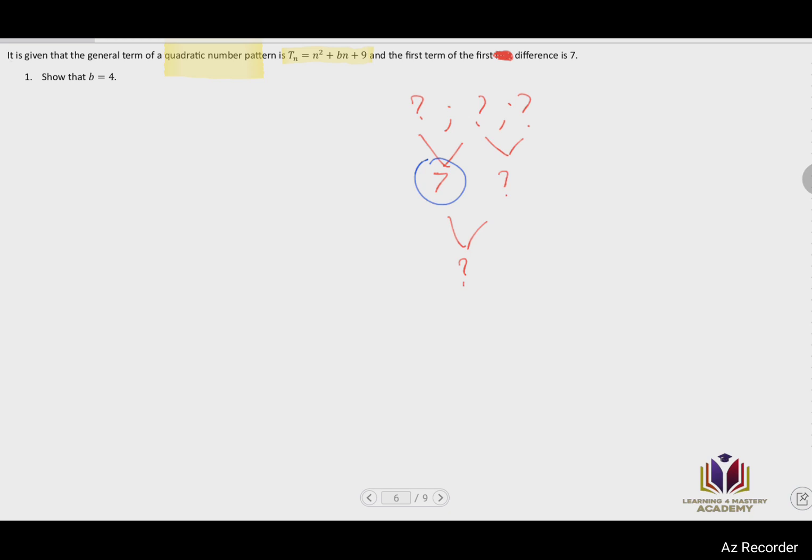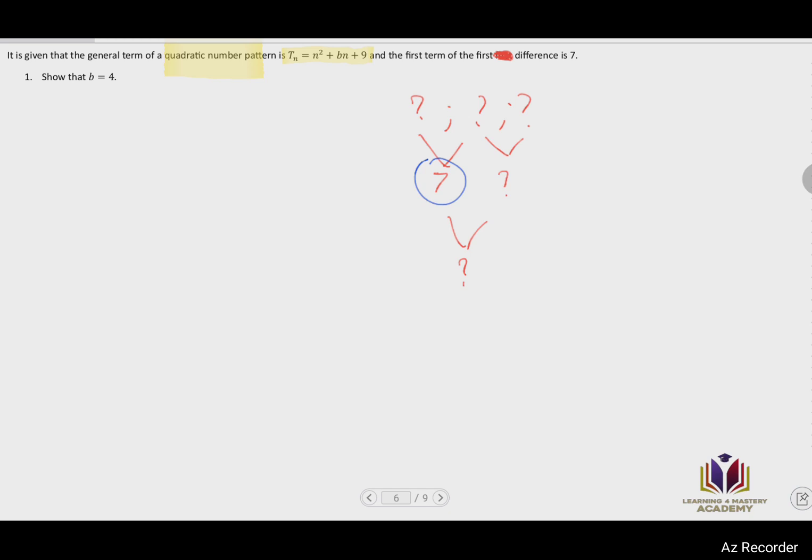Now, the first question says, show that b is equal to 4, okay? Remember what I said. The minute they mentioned quadratic number pattern, I already began to think, okay, what are the possible ideas or concepts I can use, right? Before I even read the questions, what are the possible ideas or concepts I can use to calculate my answers, right?